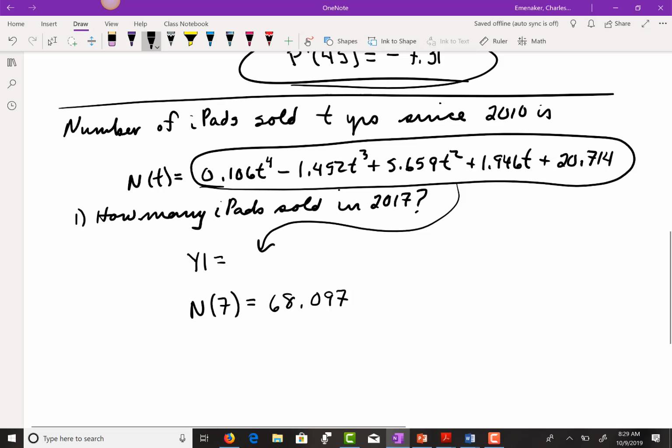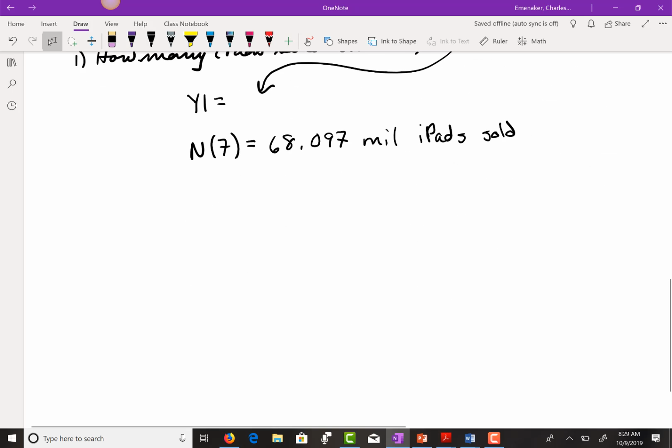So this would be this many million iPads sold. If you were asked how many iPads sold in 2017, a good response would be converting it back to a number that actually reflects that we're talking about millions of units.